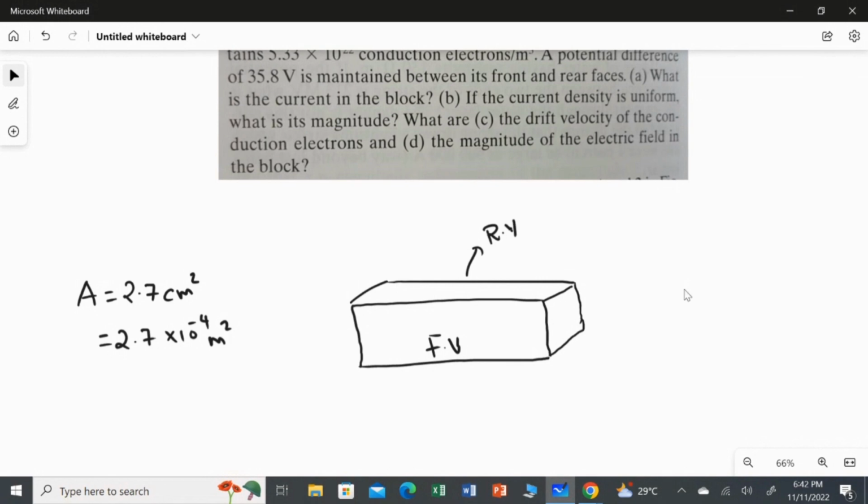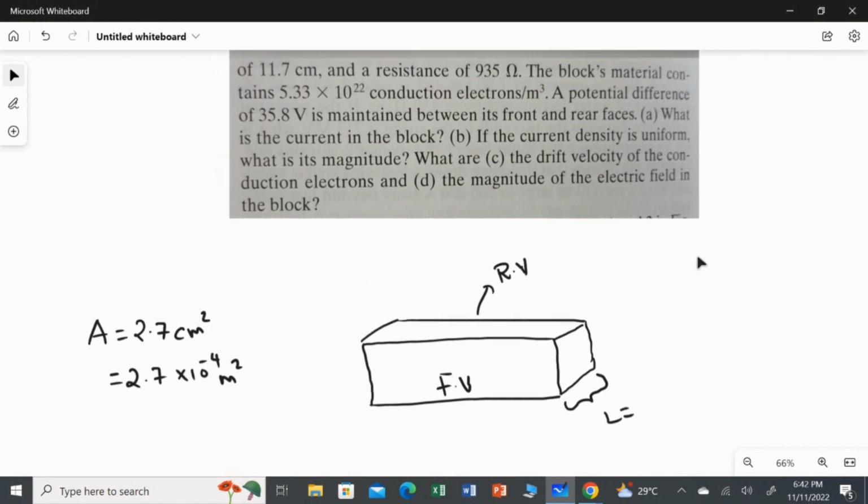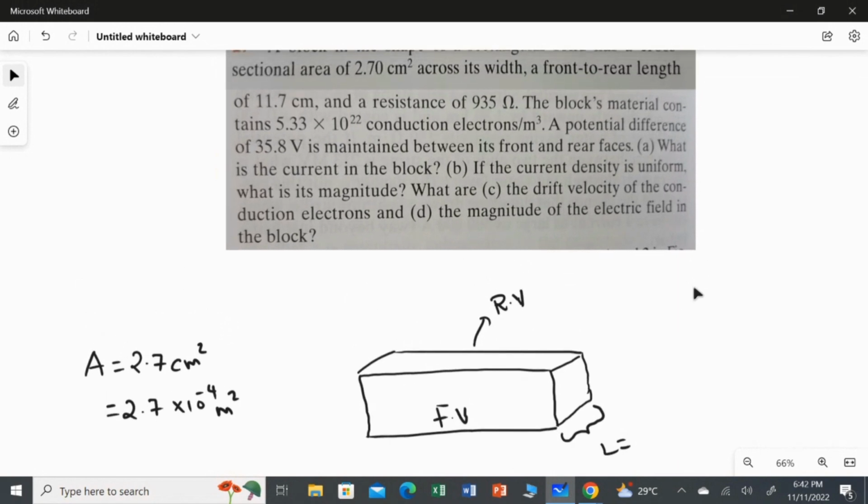From the front side to the back side, the length is exactly 11.7 centimeter. So you have to convert it to meter. So L is equal to 11.7 multiplied by 10 power minus 2 meter.